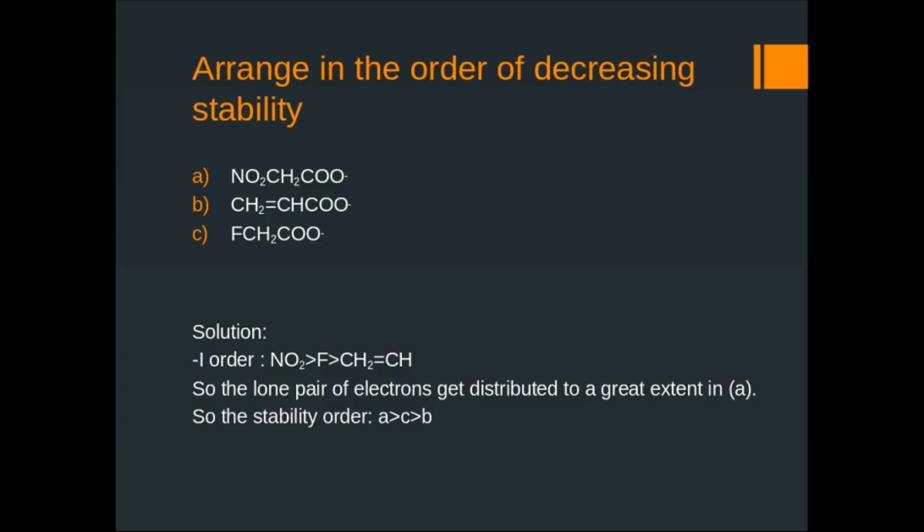Fluorine is the most electronegative element, so it follows. Now for the ethyl group, as you have seen in the minus I order, it comes last. Fluorine is far more electronegative than the ethyl group, because carbon and hydrogen themselves are not so electronegative, so the combination will never give so much electronegative character. So the stability order is A C B.